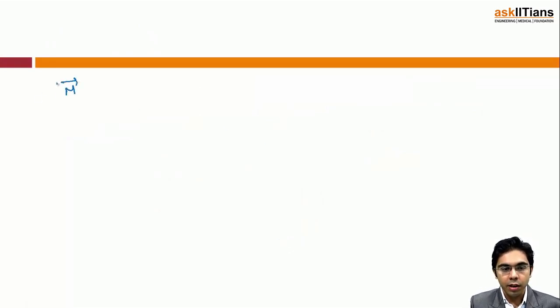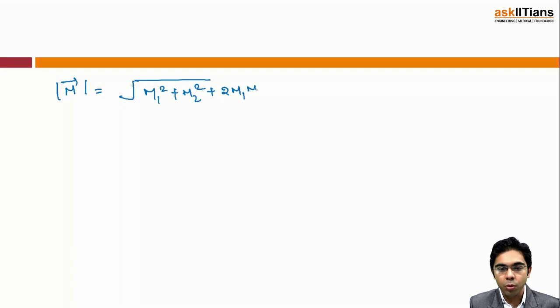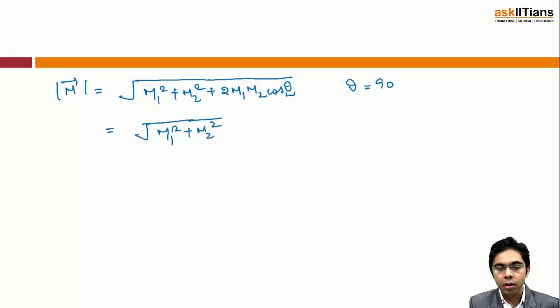The magnitude of the M vector is equal to the square root of m1 square plus m2 square plus 2 m1 m2 cos theta, where theta is the angle between the two vectors. Here theta is 90 degrees, so this simply comes out to be m1 square plus m2 square.